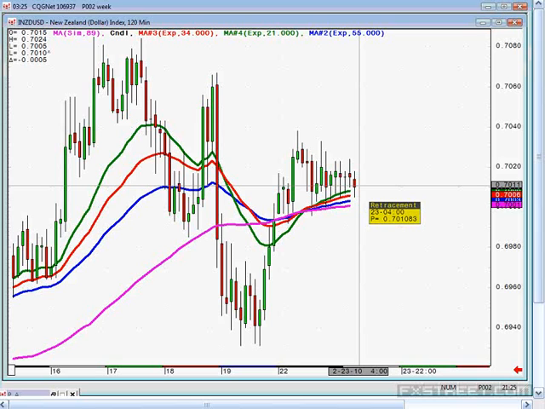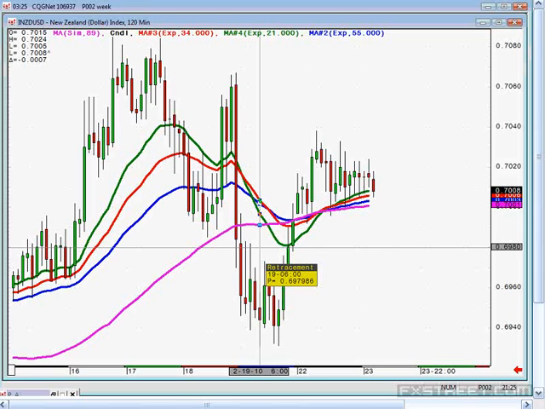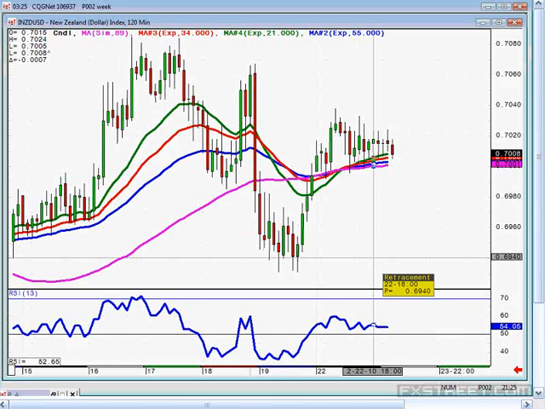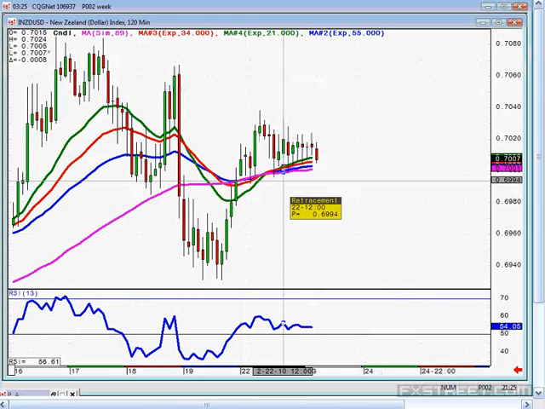Otherwise, you need to have a lot of patience, and especially when the market is caught in this kind of range, chances are you would not know where the breakout is going to happen, because even though right now the price is trading above the moving average, and if you see this RSI, it is about 54. Let me show you this. Yeah, RSI is about 54, and it's all flat.